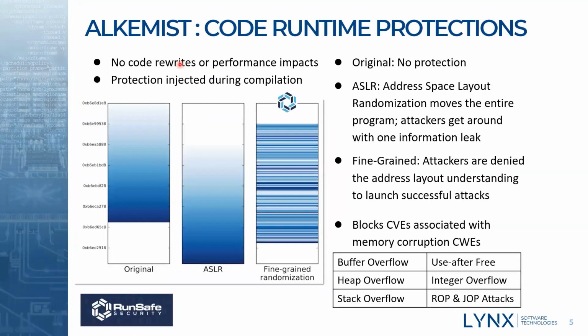In particular, Alkemist code provides fine-grained address randomization within a binary executable's memory footprint, thereby preventing attackers from exploiting known address layouts of applications and taking advantage of things like buffer overflows for triggering errors that can execute malicious code and compromise the integrity of the system.